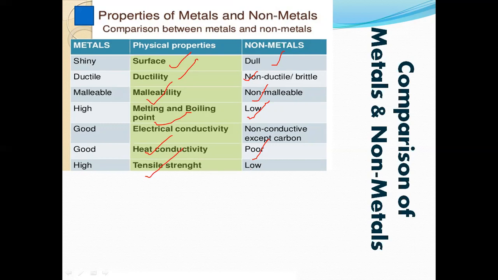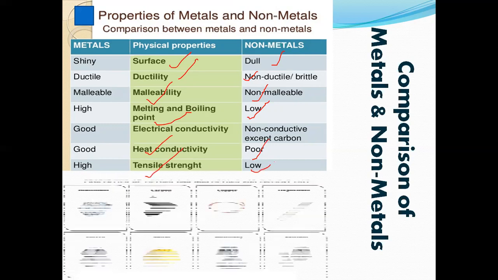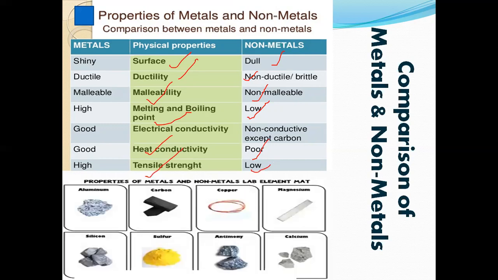Metals also have tensile strength, meaning they are strong, and non-metals are not. So you can see some examples of metals and some non-metals as well.